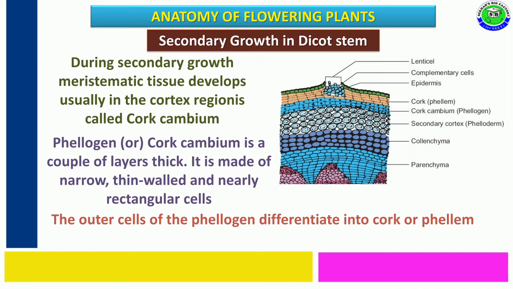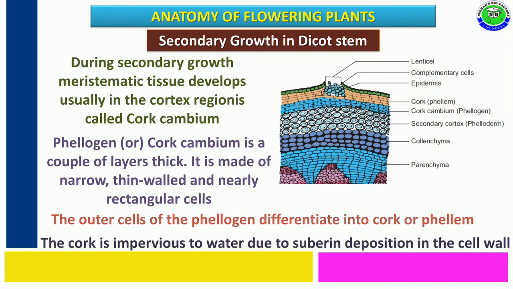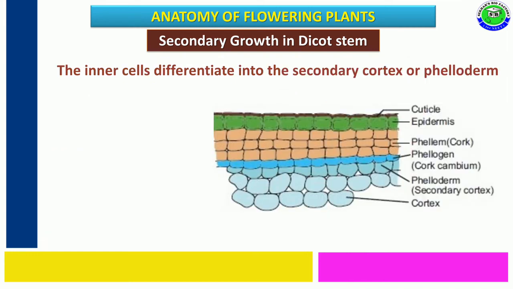The outer cells of the phellogen differentiate into cork or phellem towards the outside of the cork cambium ring, and the cork is impervious to water due to suberin deposition in its cell wall.